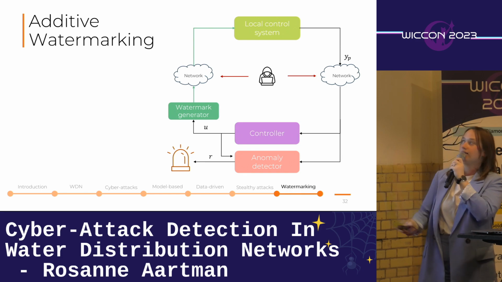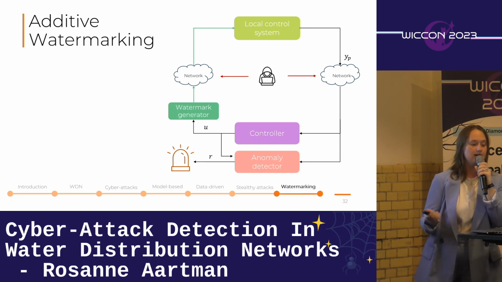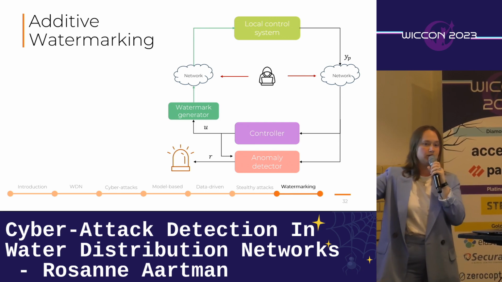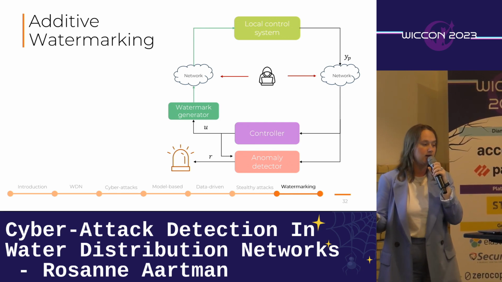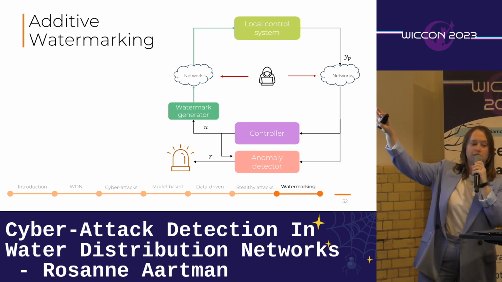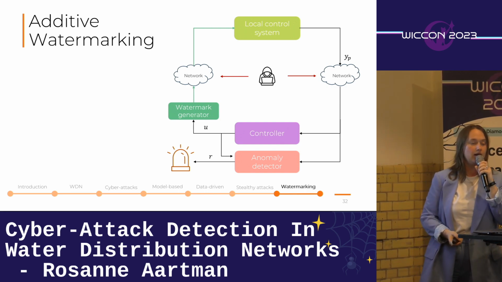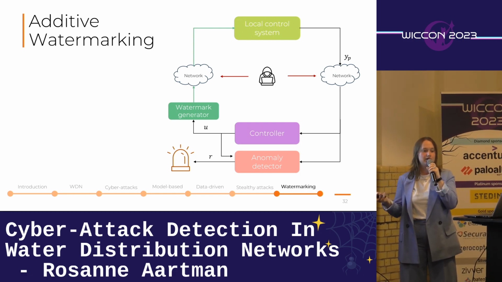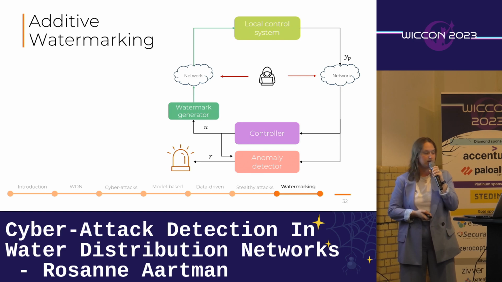Now, within this local control system, we can apply additive watermarking to our control input. This could be with Gaussian noise before sending it over the network to our local system. However, this can have effects on the performance of our local system.